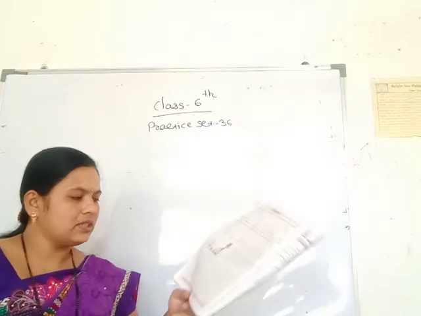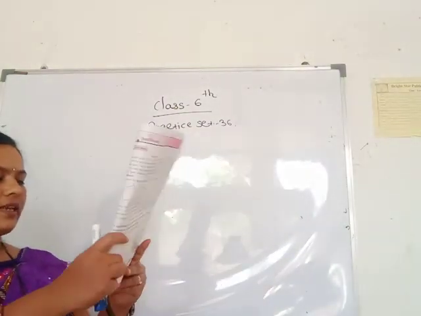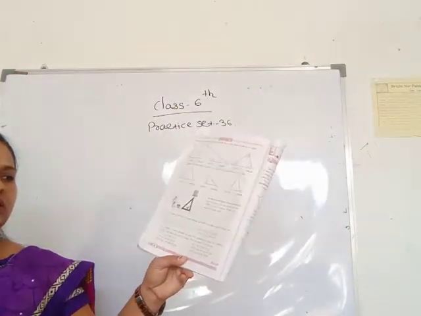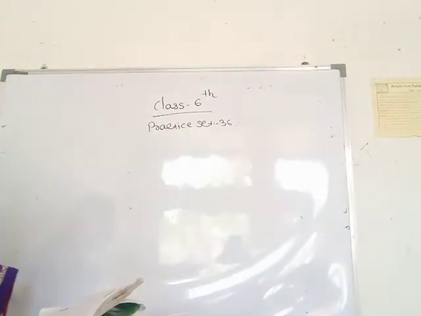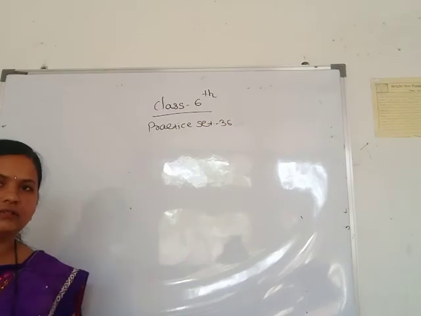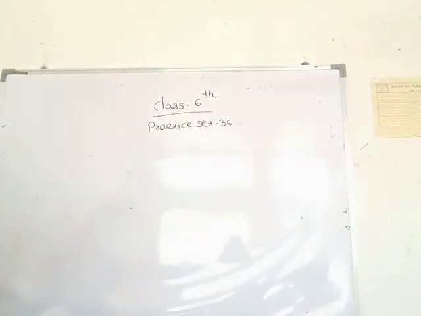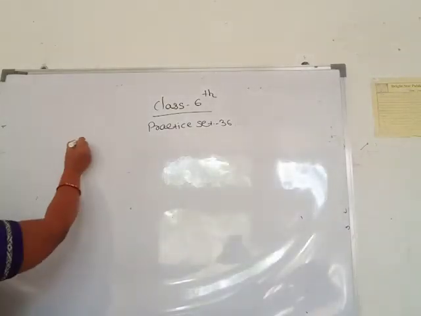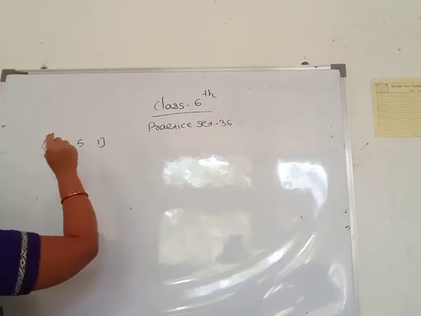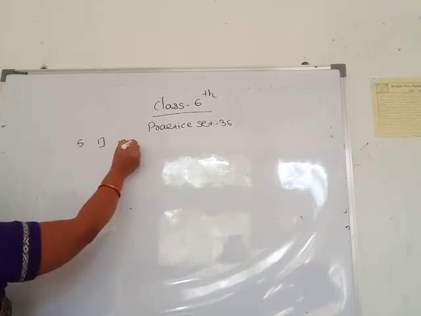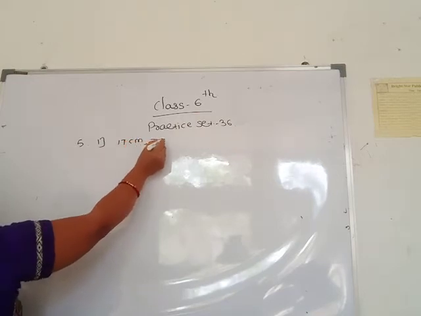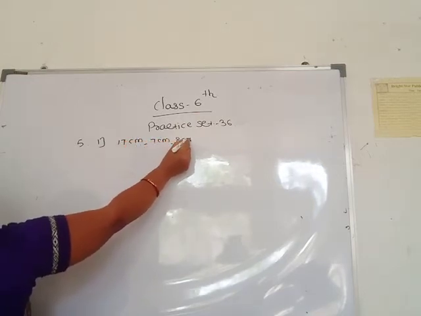Then the fifth question. The lengths of three segments are given for constructing a triangle. Say whether a triangle with these sides can be drawn and give the reason for your answer. First one: 17 cm, 7 cm and 8 cm.